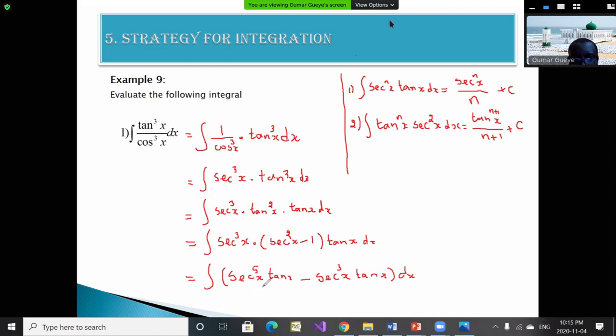So you can see this is number 1 when n equal to 5, and this is number 1 when n equal to 3.